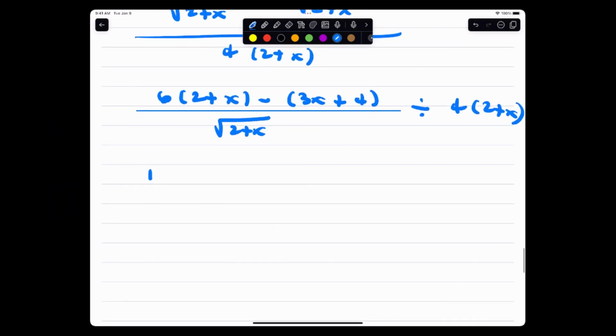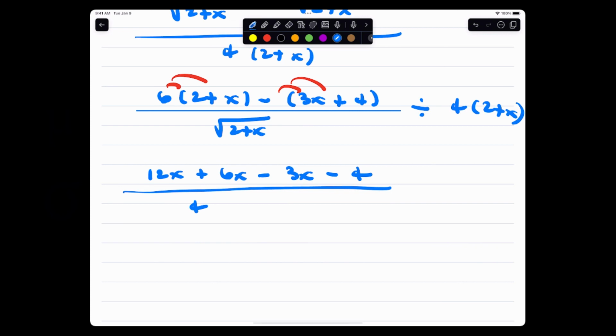So if we start to distribute here, 12 plus 6x minus 3x minus 4 over 4 times 2 plus x times square root of 2 plus x.